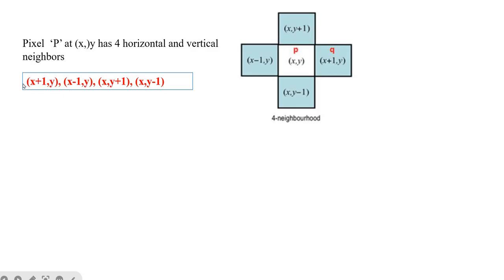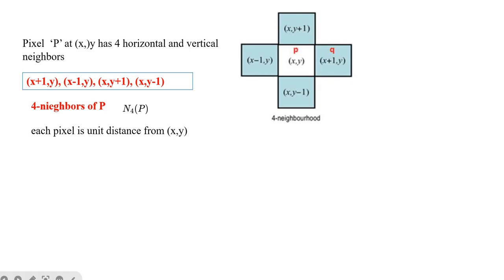So these are the pixel coordinates, and this is called the 4 neighbors of pixels, represented by n4 of p. One more thing: each pixel is at unit distance from x comma y.